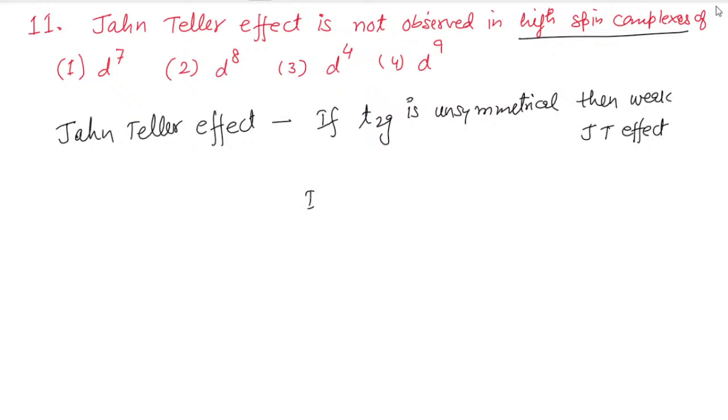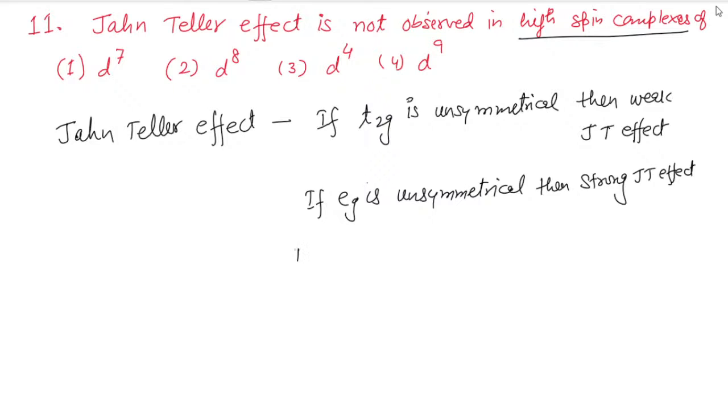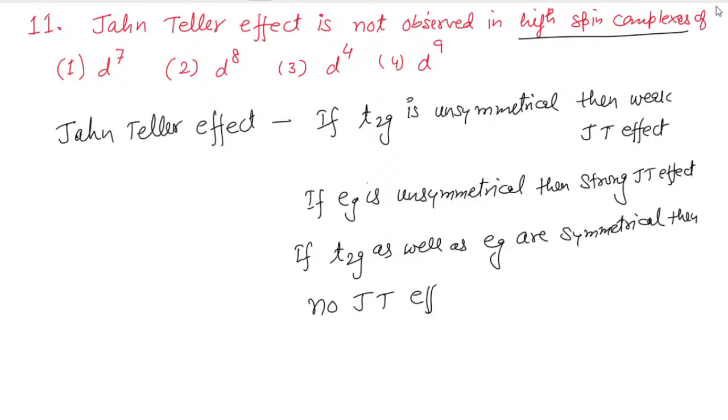Second, case 2, if EG is unsymmetrical, then there is strong Jahn-Teller effect. If T2G as well as EG are symmetrical, then no Jahn-Teller effect. Only keep this thing in mind.